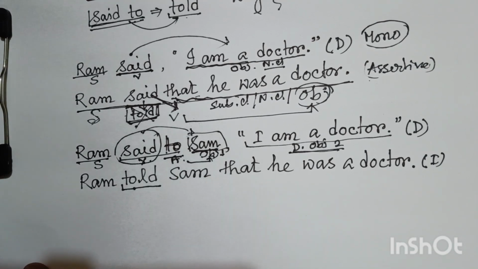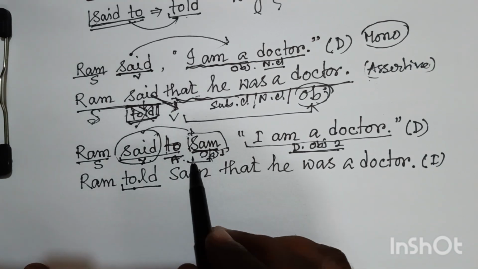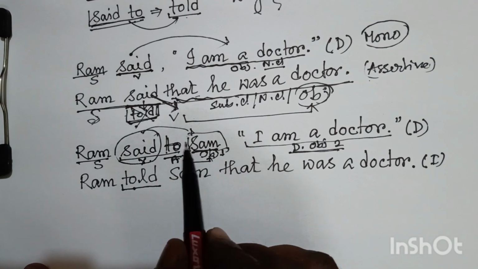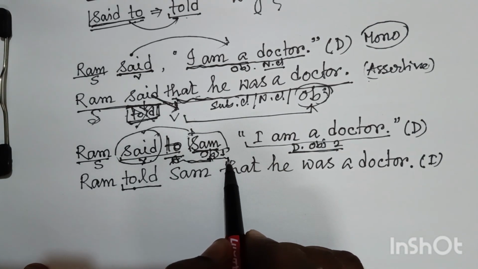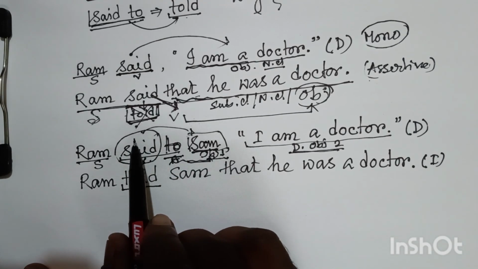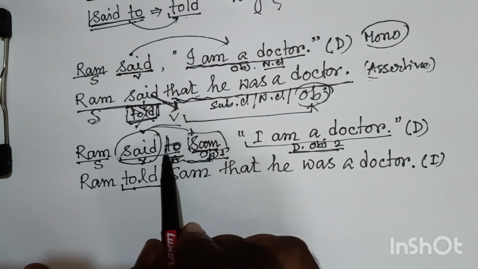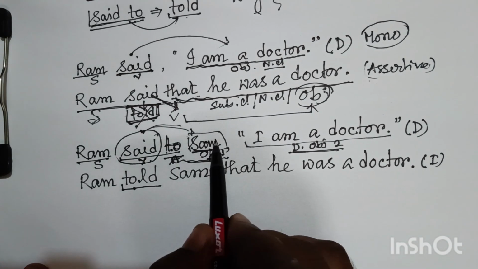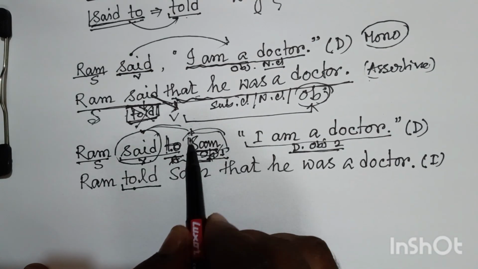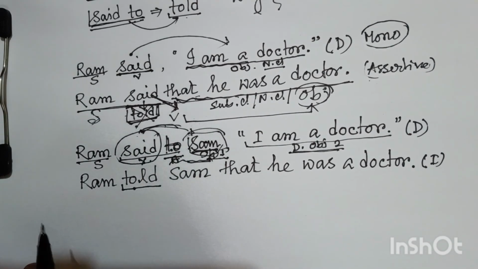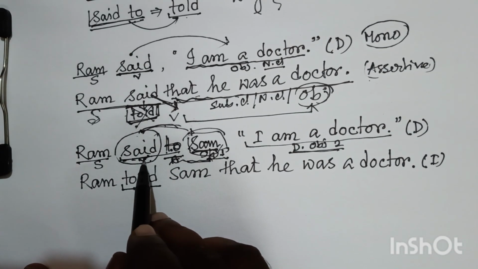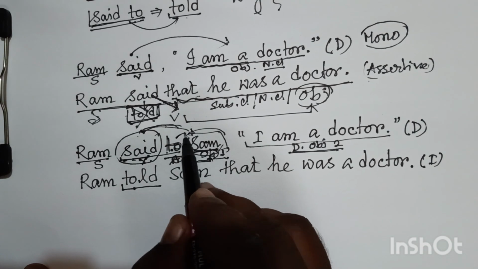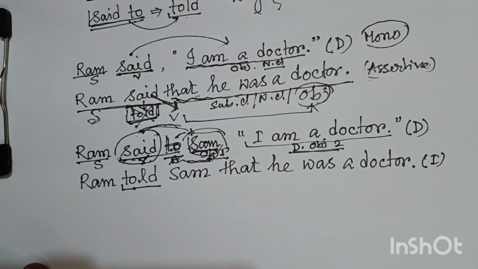My dear friends, actually we have used this prepositional phrase to relate with this verb. That means this preposition is relating Sam with the verb said. The main thing is that we cannot use two objects with the term said. That's why we have introduced one preposition.